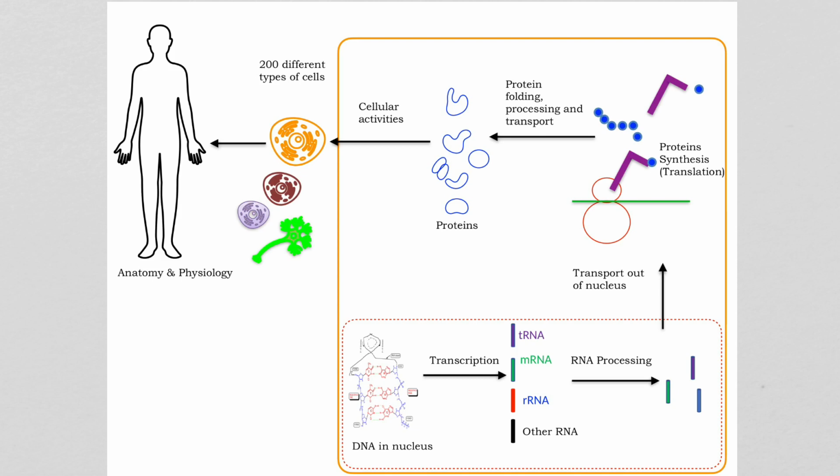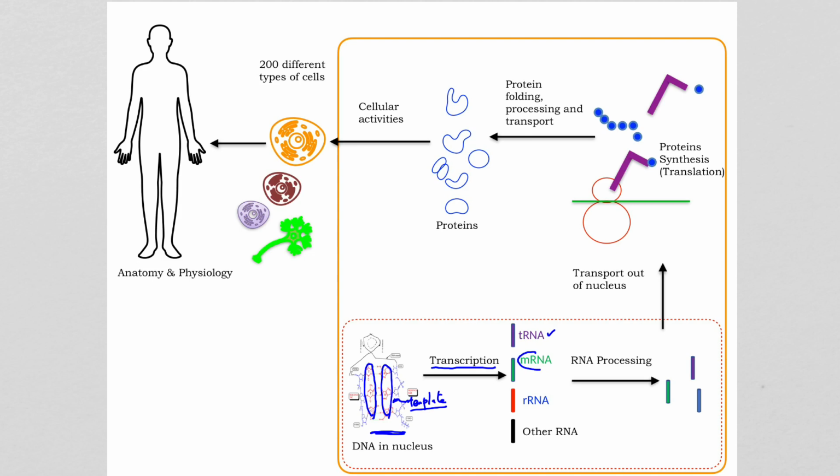This is your information in DNA, the sequence of bases, nucleobases in the DNA. One of these strands, that we call the template strand, this information in your DNA template strand is copied or transcribed by a process that we call transcription into various forms of RNA.